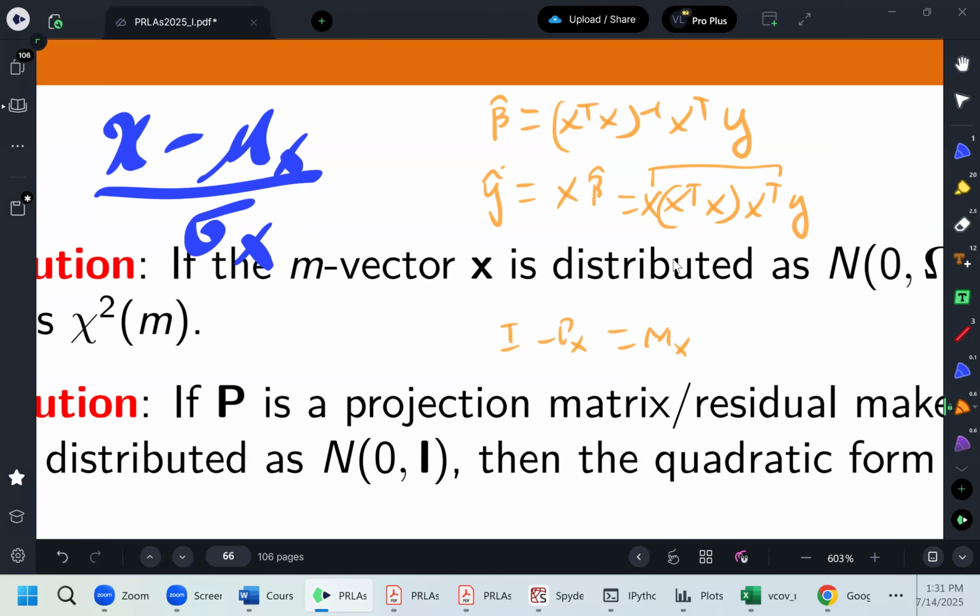The part from here to here is orthogonal to the table surface, and the space that is orthogonal to the X matrix space is given by M_X. So this one projects Y orthogonally to the space spanned by the X matrix. That's the idea, right? So M_X is also a projection matrix.